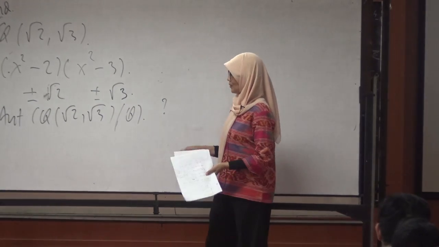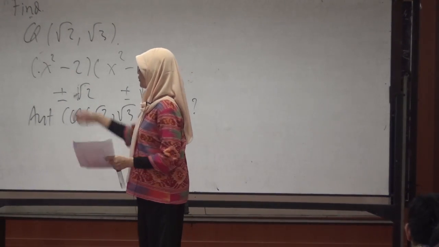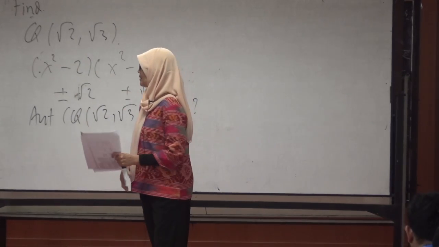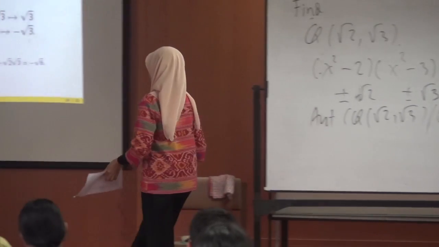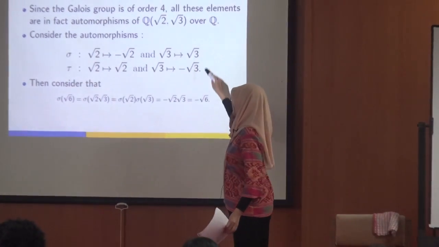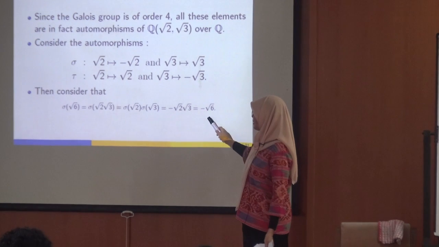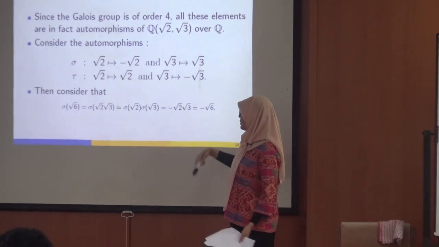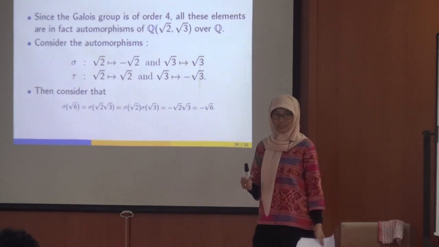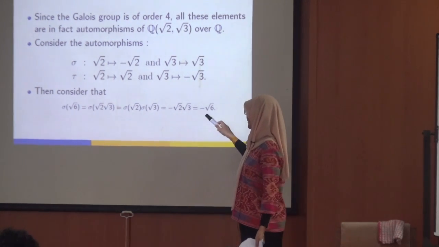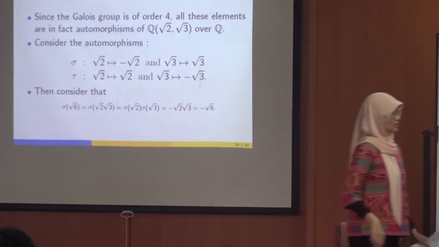For example, we consider 2 automorphisms, sigma and tau, choosing 2 from the 4. Then we consider what happens if we apply sigma to square root of 6. Actually, this is equal to minus square root of 6.